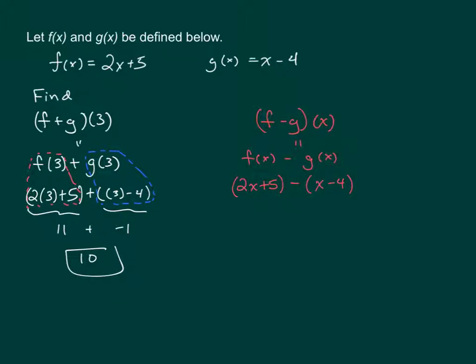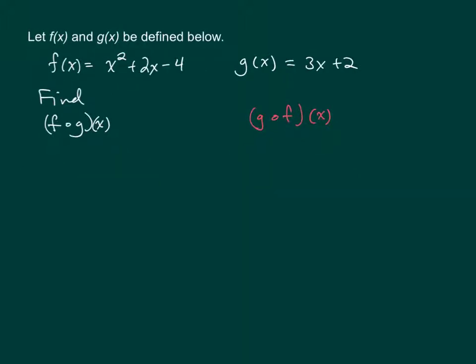My next step would be to distribute this negative to both terms there, and you'll get 2x plus 5 minus x plus 4. And when you combine all of these terms here, you will get x plus 9. So there's your answer for the second part.